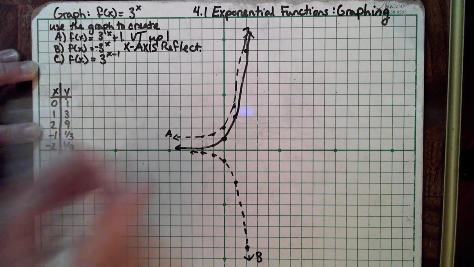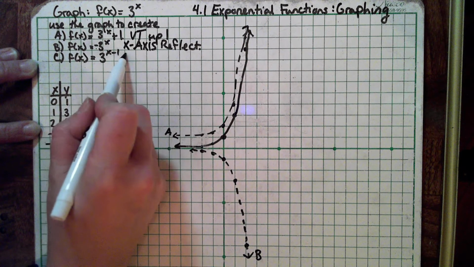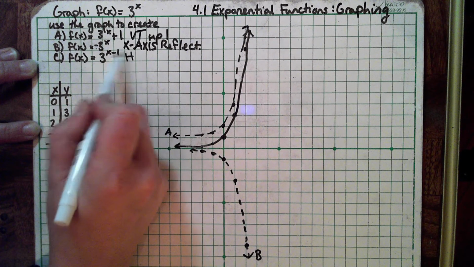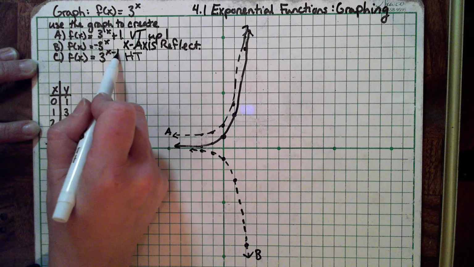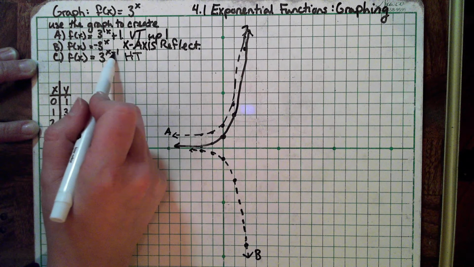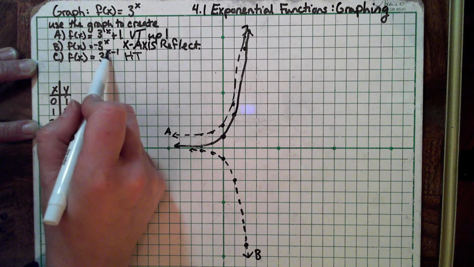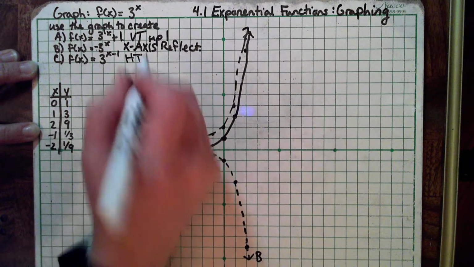And finally C. Notice this is happening to the variable now. So this is a horizontal change. And they're adding or subtracting, so it's a translation. And it says -1. And remember, the horizontal translations are always the opposite of what you would expect. I would expect this to be 1 and in the negative direction, so left 1. But guess what? It's going to be right 1.